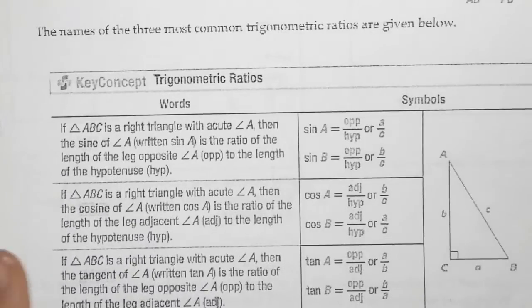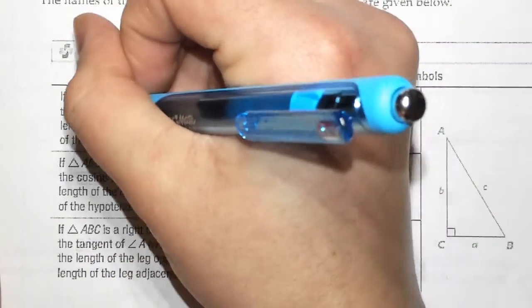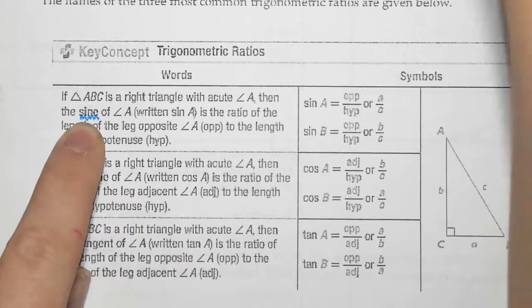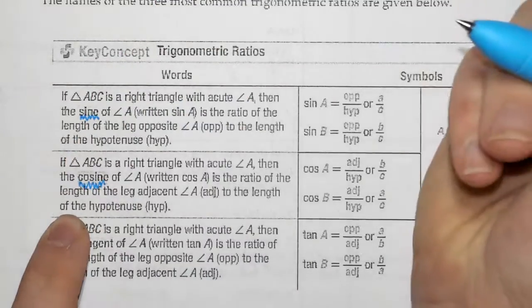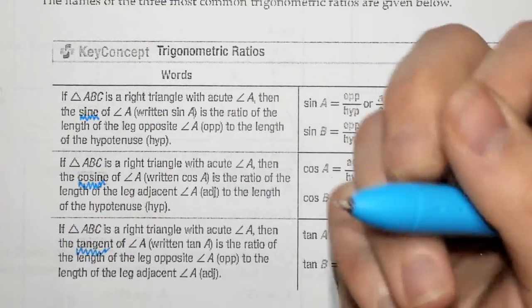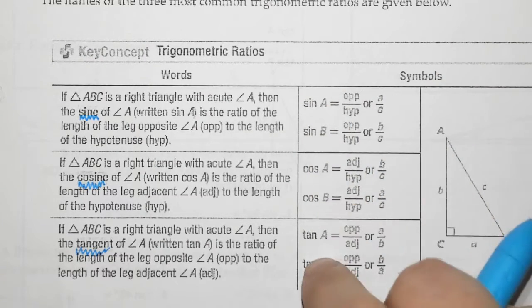Okay? So, in trig, you have sine. This is the long way to write sine. There's actually an E on the end. So it's not really sin, it's sine. Come on, focus. Sine, cosine, and tangent. However, we like to shorten it to sin, cos, and tan.